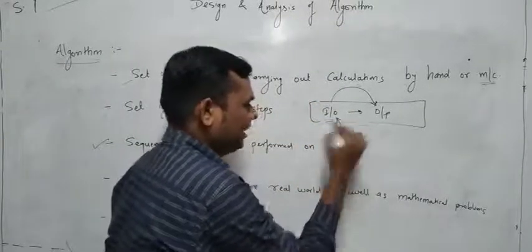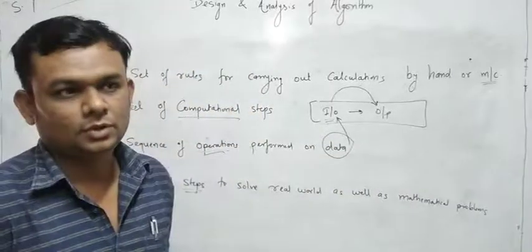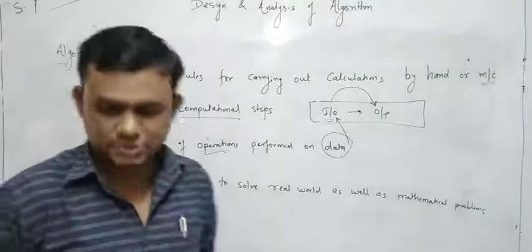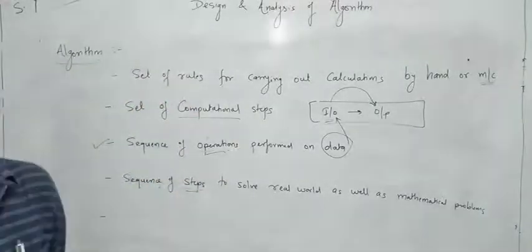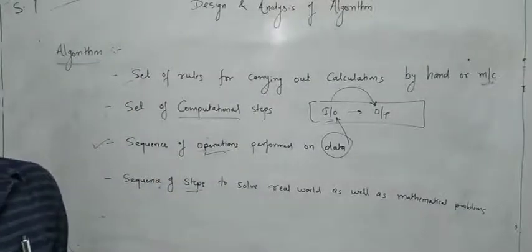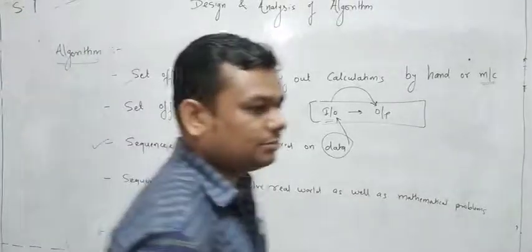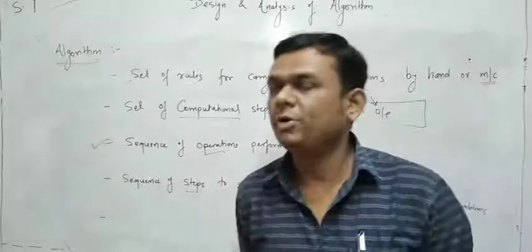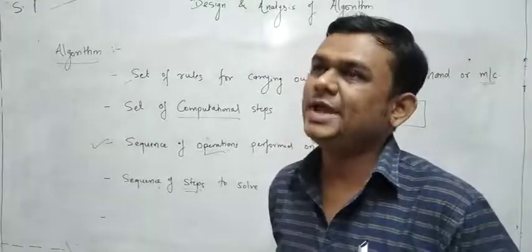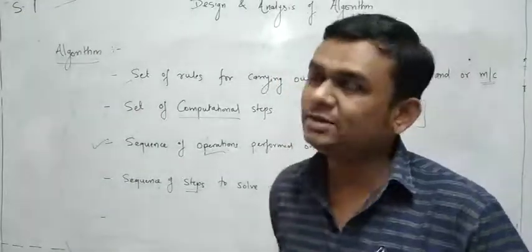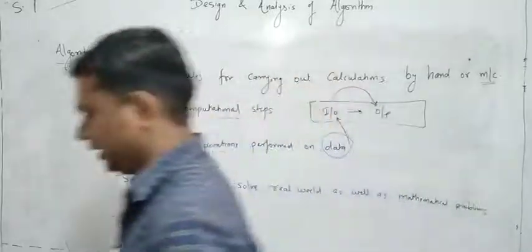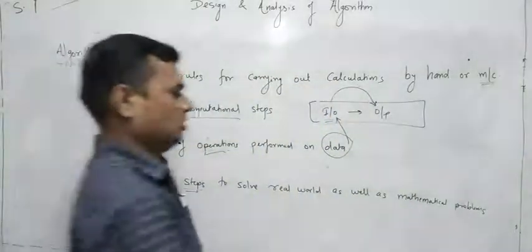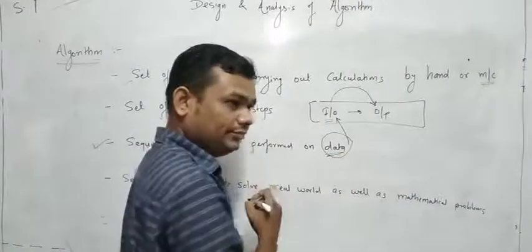Data means what? Input. After performing that set of operations on the data, which have some order, that order performs each and every step of the algorithm in a sequence and produces its output. That is the very simple definition of algorithm.